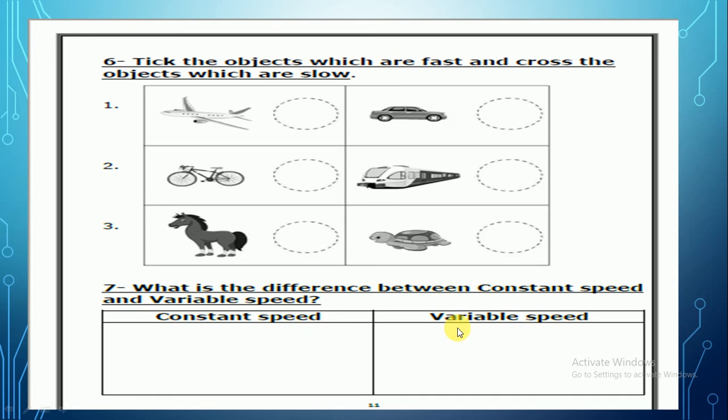Constant speed, the speed stays the same, means don't change the speed of the object in motion. But variable speed, the object changes its speed.